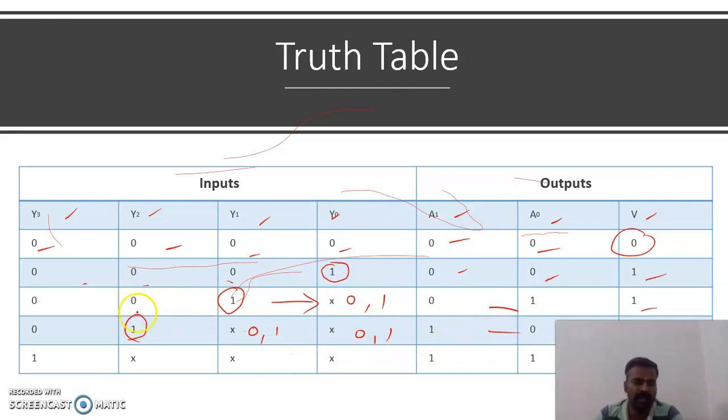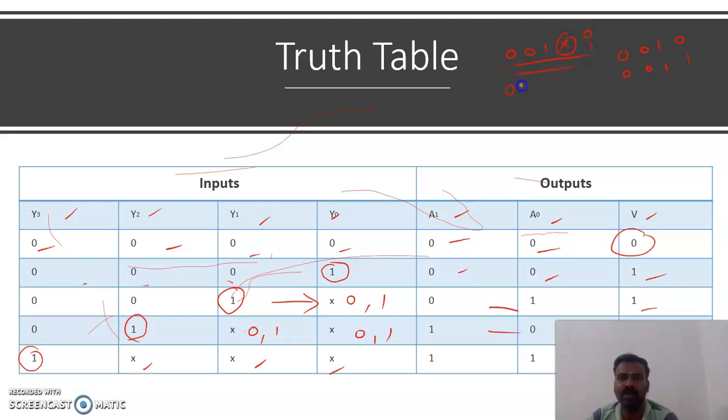So V is 1. The final highest priority goes to y3. When y3 is 1, these 3 are don't care. This don't care is very important. Let us take a second combination, 0 0 1 don't care. For this I can write two conditions: first 0 0 1 0, and the second 0 0 1 1. That is, in the place of x, I can write 0, 1.